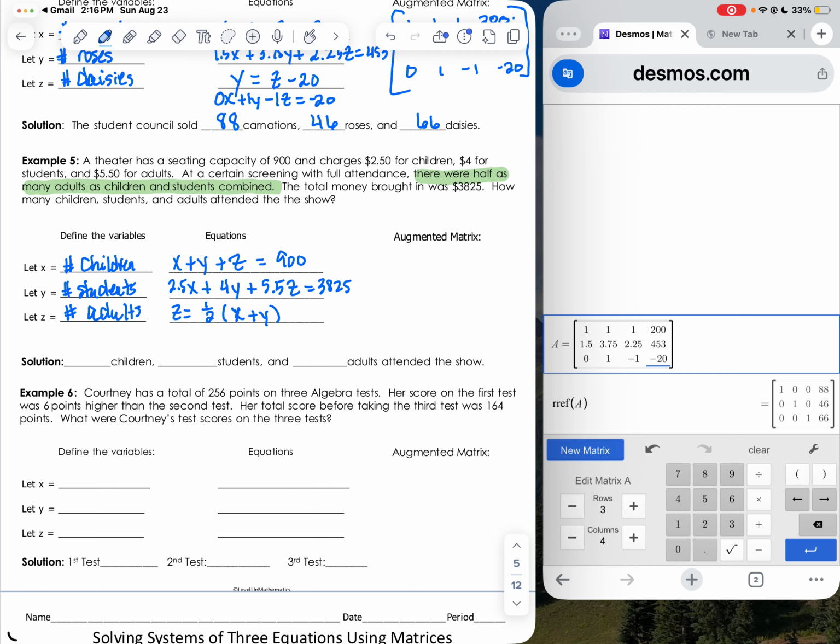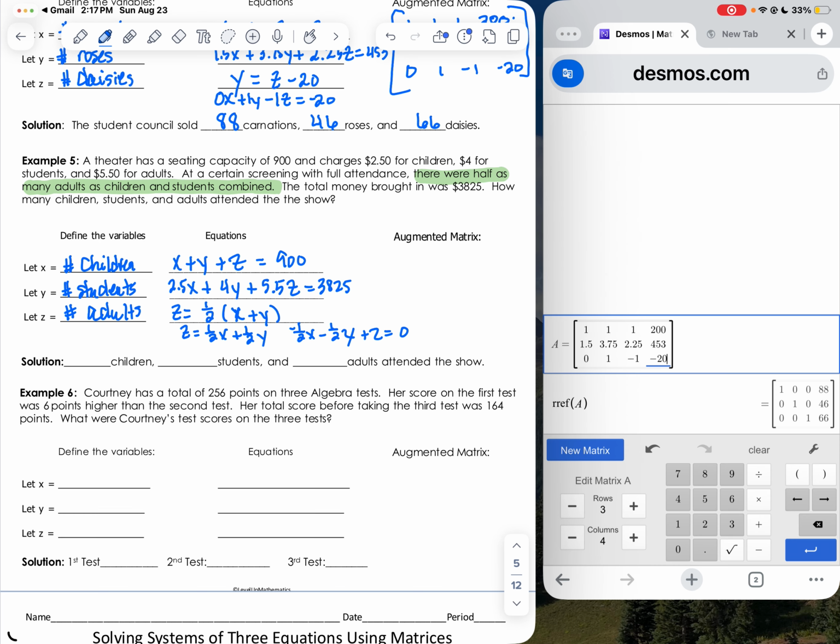Now I'm going to rewrite that. Z equals 1/2 X plus 1/2 Y. And then I'm going to even put it in standard form because I need to move the X and Y to the other side. So this would be negative 1/2 X minus 1/2 Y plus Z is equal to 0.